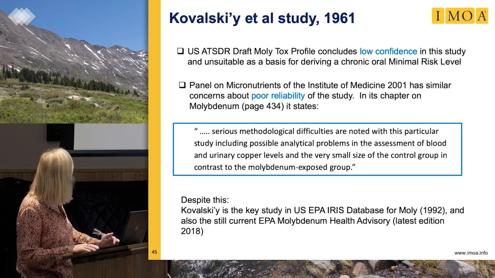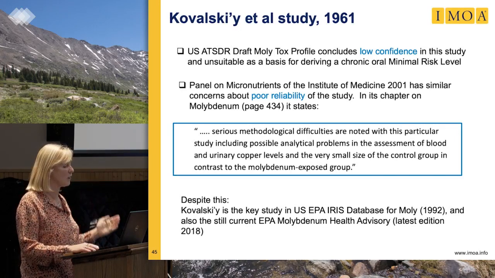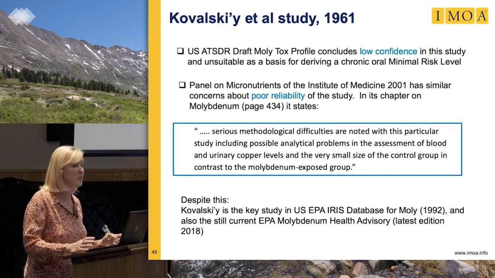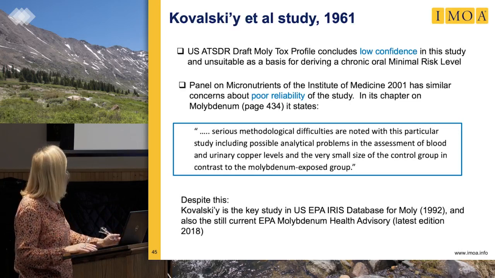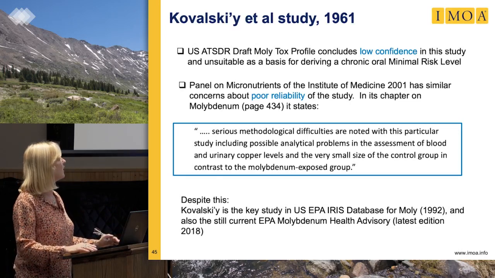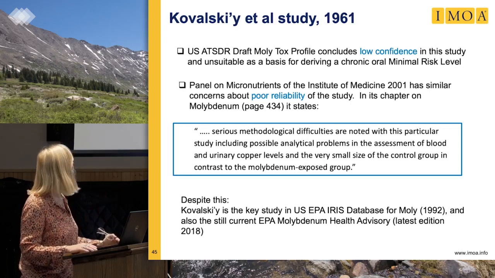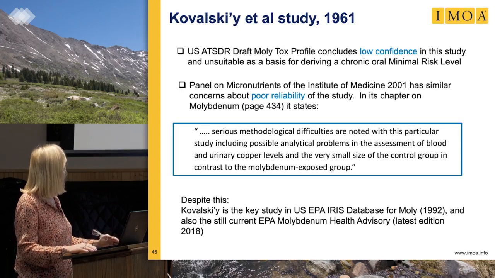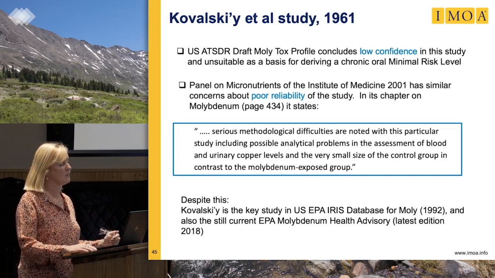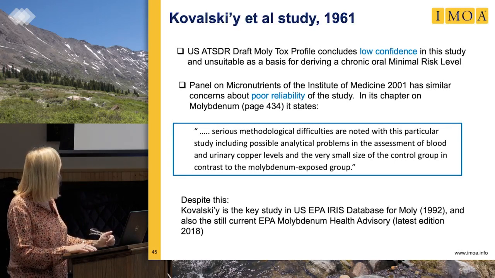Now we're a good many years later, and ATSDR, for example, are concluding that it is a low confidence study in the context of the knowledge we have today, and not a suitable basis for deriving a chronic oral minimal risk level, which is one of the things they derive in their tox profile, and it's a key derivation that they make. Also the panel on micronutrients from the Institute of Medicine had similar concerns about the poor reliability of the study.